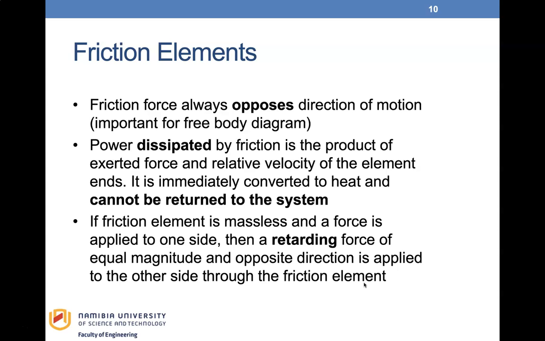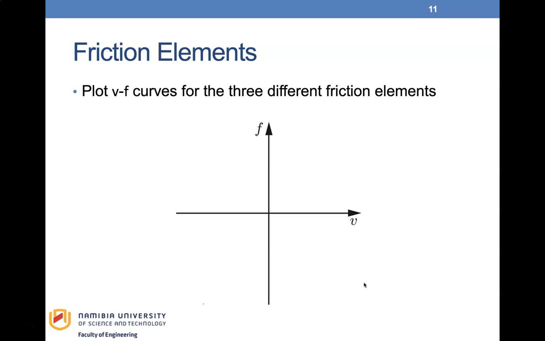It cannot be restored back to the system. If a friction element is massless and a force is applied to one end, then a retarding force of equal magnitude and opposite direction is applied to the other side through the friction element. So we will get to understand this even better as we go through some of the examples.